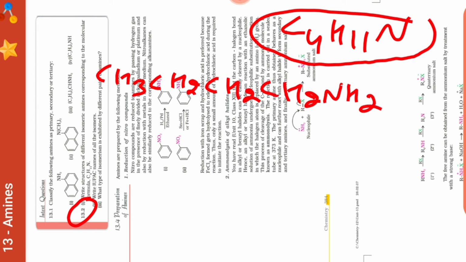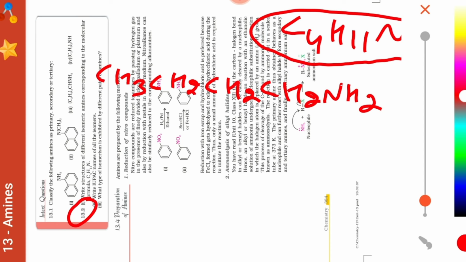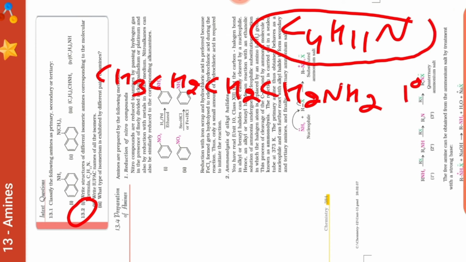How many carbons are there? 4 carbons. And how many hydrogens? 11 hydrogens. It is a primary amine. Its name is butan-1-amine. Okay, this is number 1.